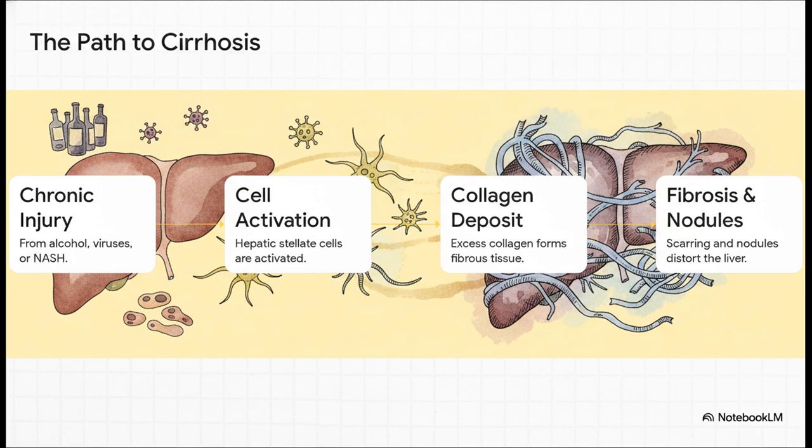This constant injury activates a key player, the hepatic stellate cell. Now, these cells are usually just chilling. But when they get activated, they transform and start pumping out way too much collagen. This collagen gets laid down as fibrous tissue, which starts walling off parts of the liver, creating those nodules and twisting the whole architecture. The activation of that stellate cell is the engine driving this whole disastrous process.